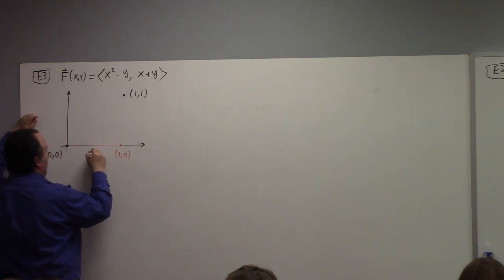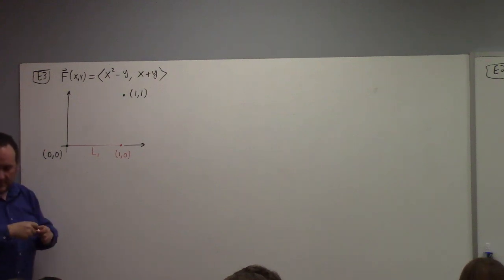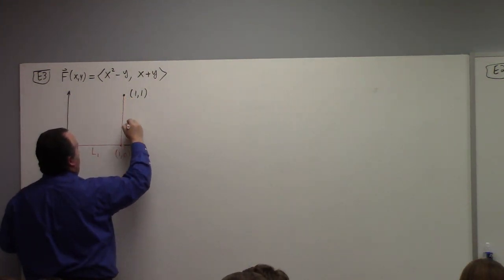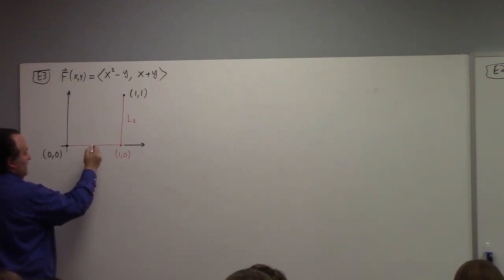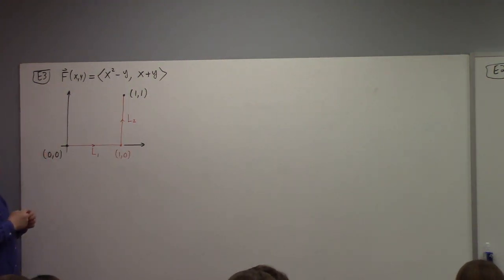I'm going to call that L1. And then I'm also going to look at, from here to here, this L2. So it goes from here to here and then here to here. That's one path I'm going to consider.